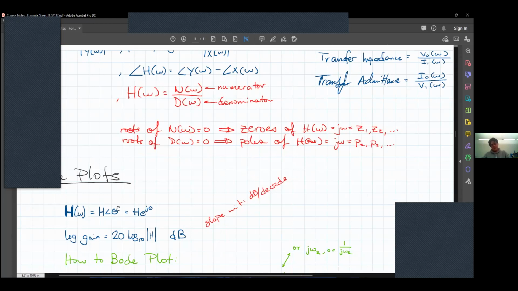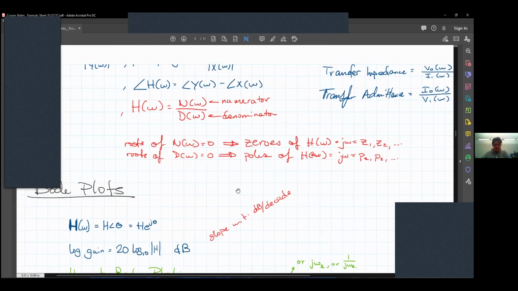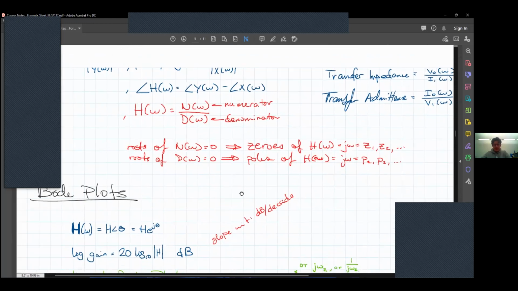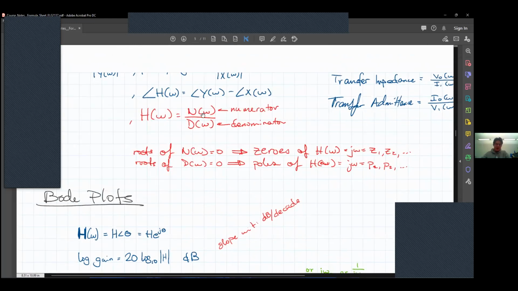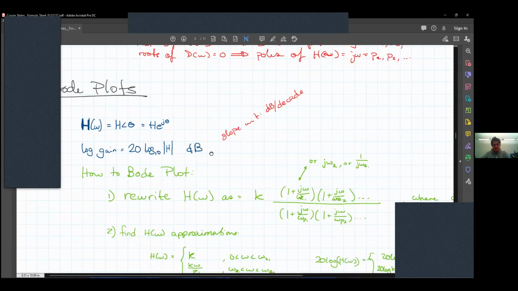This becomes really important when we get into Bode plots. In this scenario, suppose you had x squared plus x plus 1 on top, and you had x minus 2 in your denominator. You would have 2 roots in your numerator, so you'd have 2 zeros, and you would have 1 pole or 1 root in your denominator. That's just the general idea of it.